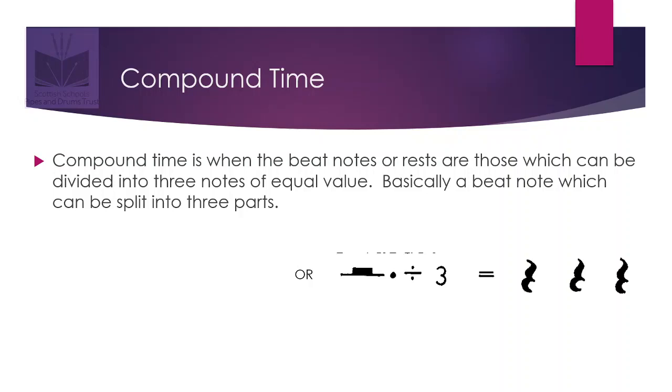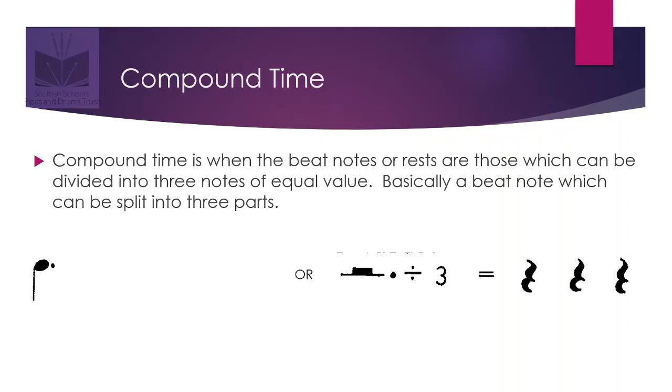You're seeing there the exact same as we've done with the simple notes or simple rests, the exact same minim, but it's got a dot. So instead of it being divisible by 2, it's divisible by 3, and instead of getting 2, we're getting 3. That dot is adding the third one every single time.